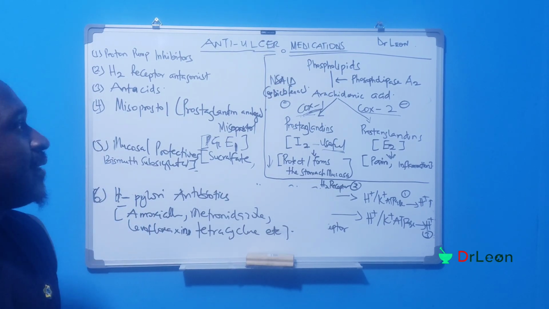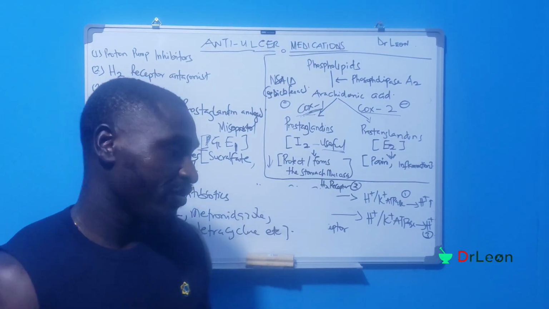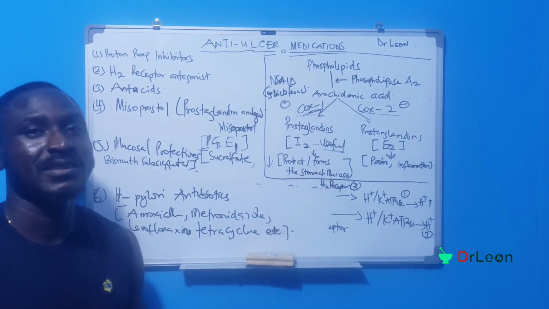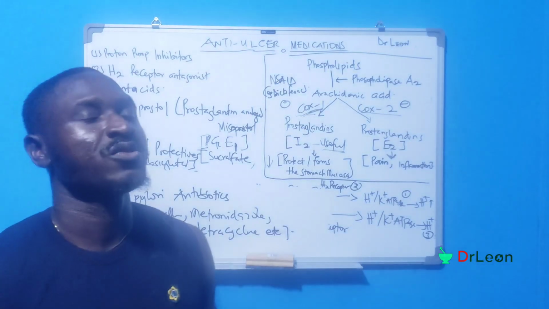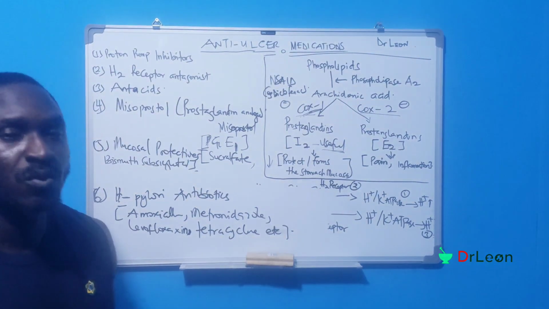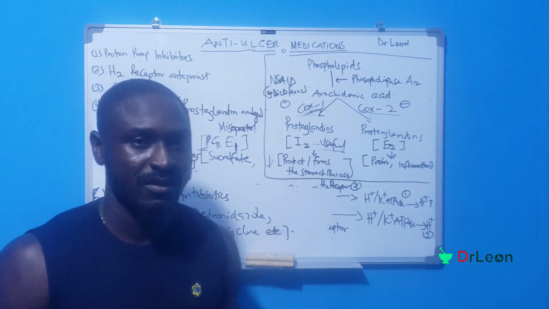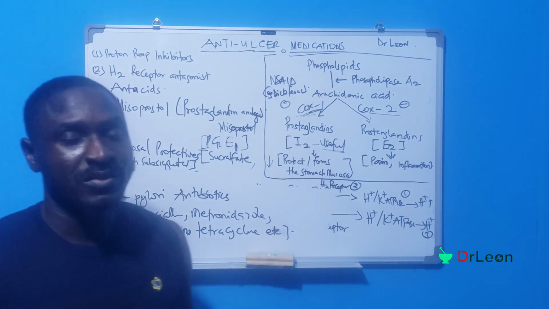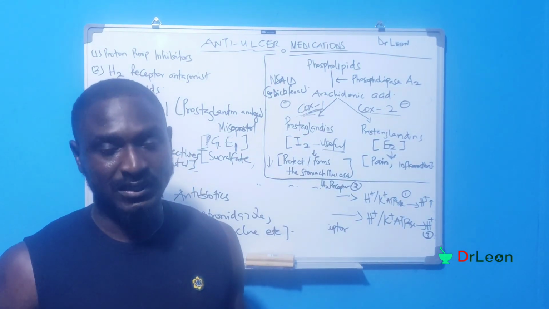So in brief, we talk about ulcer, which we said is simply a breach in the mucosa. When it happens in the stomach, we term it as gastric ulcer. When the ulcer happens to be in the duodenum, it's simply duodenal ulcer.